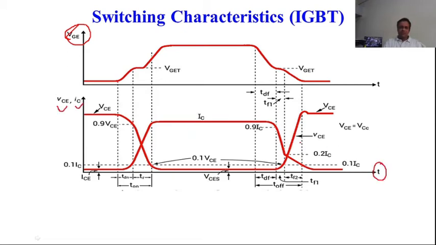You can see here, as VGE is greater than V threshold, our VCE collector voltage starts dropping, and our collector current is going to increase. When VGE attains its rated value, IC attains its rated value.